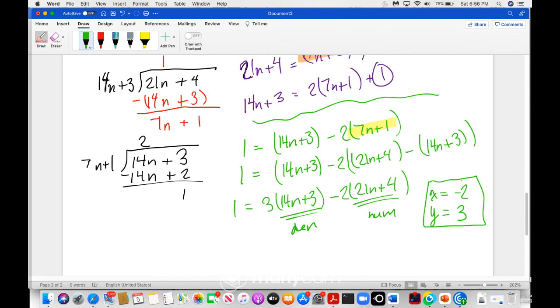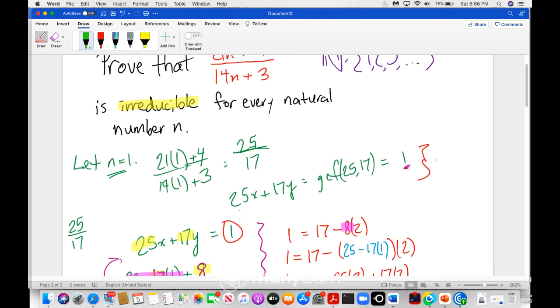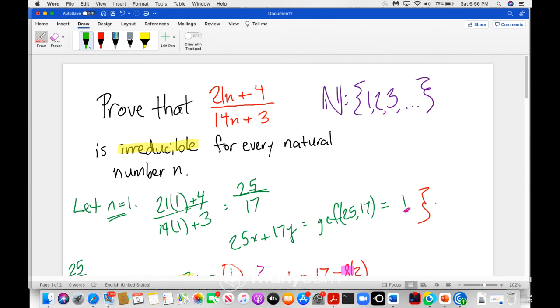I mean, it has to hold for all n's, so it has to hold for n equals 1. You could have gone straight to the solution, and as long as -2 of the numerator and +3 of the denominator combine to get you 1, then I claim you're done and you've proven that this fraction is indeed irreducible. And that's a good place to stop.